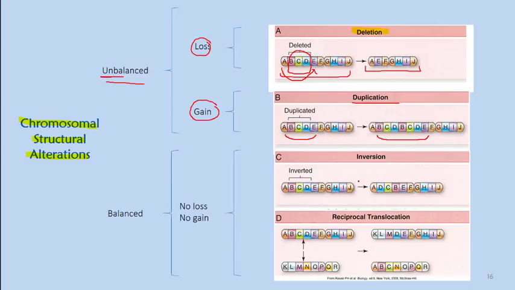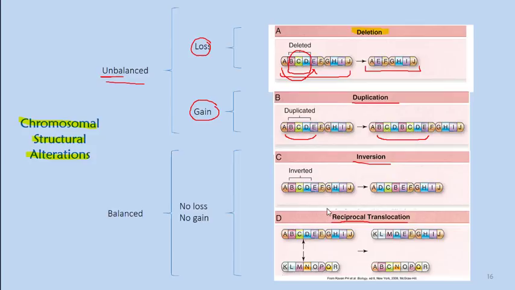Now we have two other examples, inversion and reciprocal translocation. With inversion, this occurs when there are two breaks that take place on a chromosome, followed by the reinsertion of that broken fragment at its original site, but in inverted order.